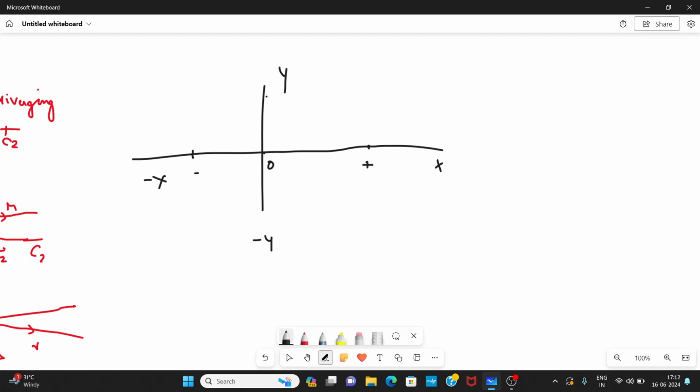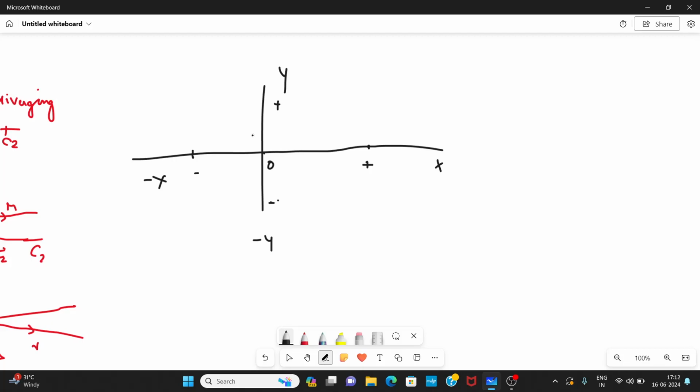Anything in the upward direction will have positive, and anything in the downward direction will have negative. So this is the same as that for your mirrors also. In the mirror also you'll have the same type of sign convention.